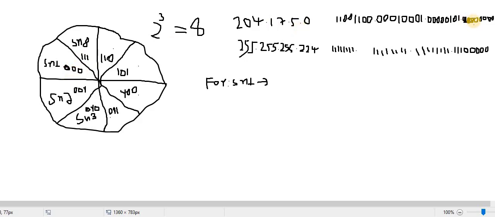So in subnet 1, we set all zeros for the 3 bits and all zeros for the 5 bits to find the network address. So the network address for subnet 1 will be 204.17.5.0, because all the 5 bits will be set to 0 in addition to the 3 bits. Okay, the 3 bits are 0 already.